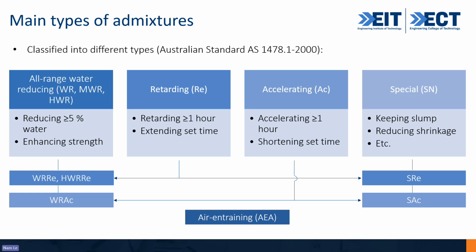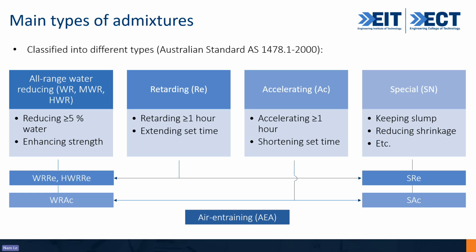It can be seen here that we have many types with different functions, so that for certain applications, like in hot weather, we may want retarding to extend the set time so that we have enough time to work on the site.